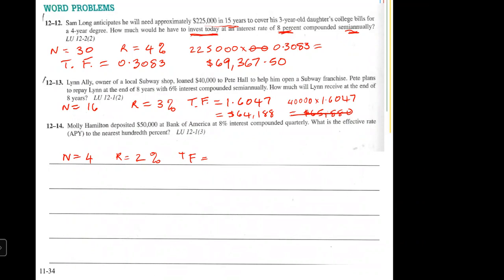Nobody has the table? What page is the table on in the book, Mr. Allen? Future value is on 305. $1.0824.